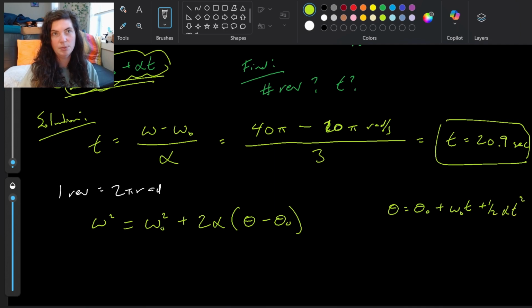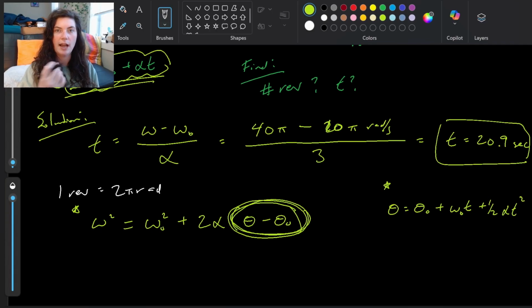Since we have a time, you could use this one as well. I'm going to use the first one, but it truly does not matter. The thing we're solving for is going to be this difference in angular position. That's going to tell us how many radians we've traveled through, and that's what's going to give us our revolutions, converting out of those radians into revolutions.